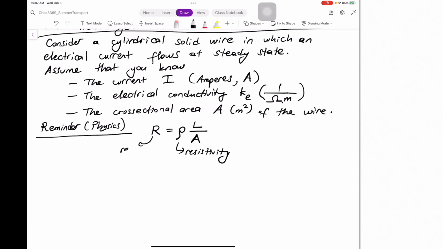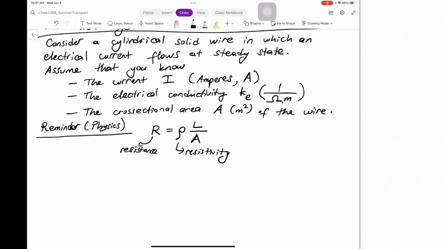This is the resistance of the wire. I'm sorry that I'm using this R in different contexts, but when you know the context, you know what it means. Basically, I'm writing down the dependence of resistance on the dimensions of a wire.